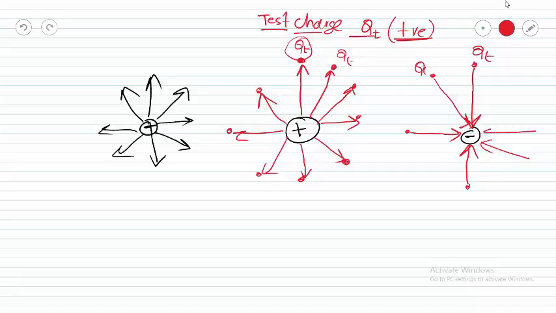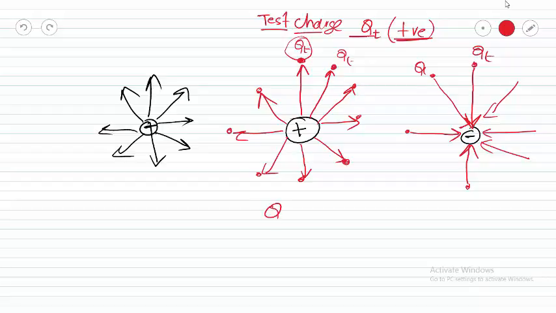That is the reason why we always draw field lines radially outward from the positive charge, and the field lines will always be radially inward towards the negative charge. So this is the reason. We always consider the test charge as a positive charge, and we assume that the charge qt will not disturb the field due to the existing charges.